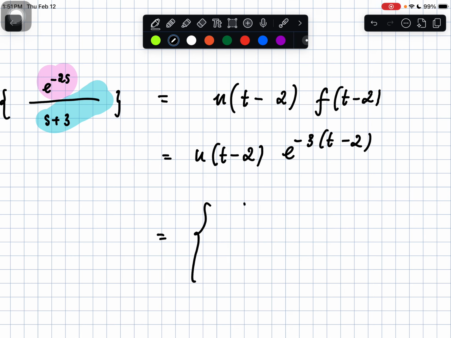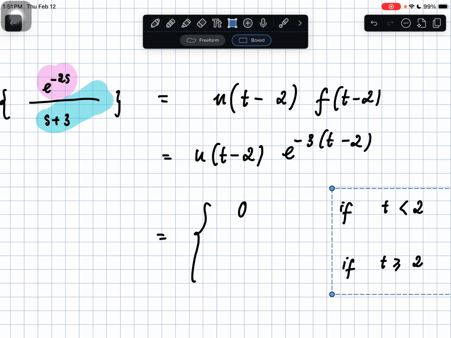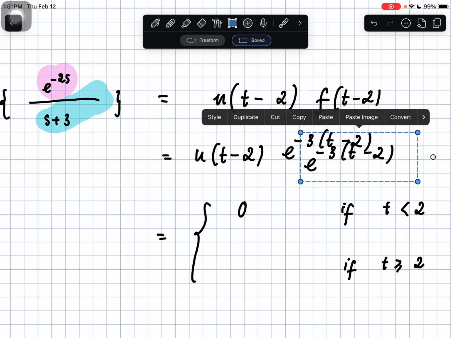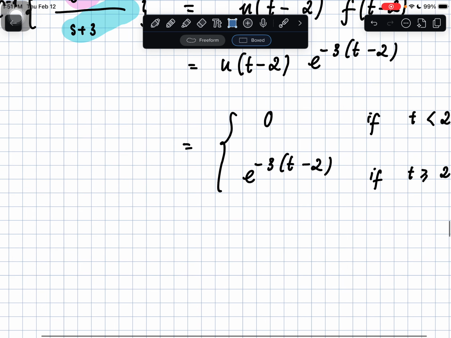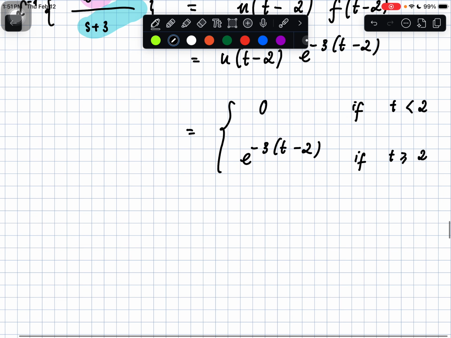So you have 0 if t is less than 2, and if t is greater than or equal to 2, you have 1 times e to the minus 3(t minus 2).